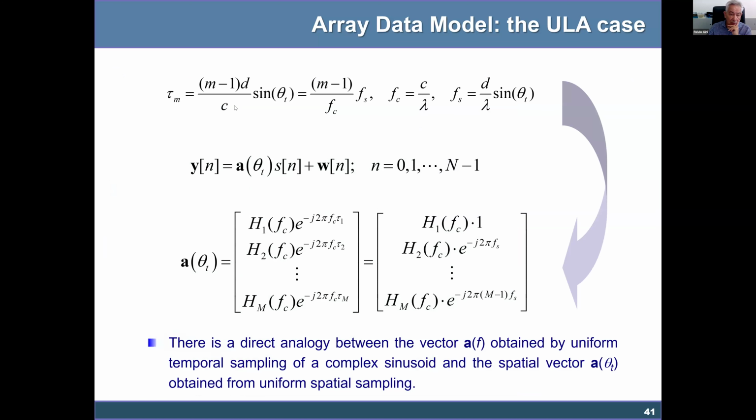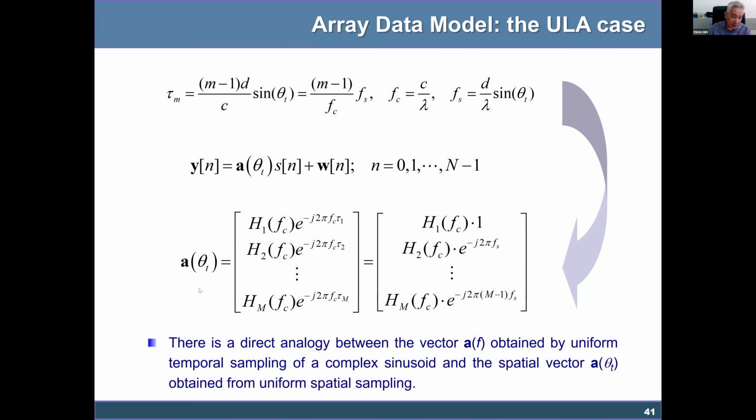Okay, so in the case of a uniform linear array, this is the relationship between the delay and the direction of arrival. You can express it in terms of the digital frequency, the normalized spatial frequency Fs. And if you estimate Fs, you can get an estimate of the azimuth through this relationship. Fs is d over lambda sine theta t, where theta t is the azimuth of the source.